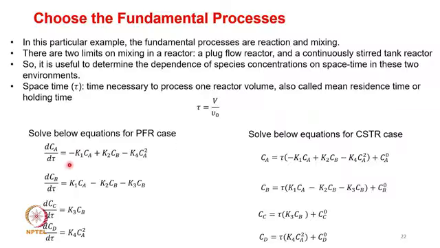So considering the reactions, we write the PFR equations. dCa by d tau is minus k1 Ca, since A is consumed and B is produced, plus k2 Cb, and of course, A is also doing a side reaction making D, which is minus k4 Ca square.